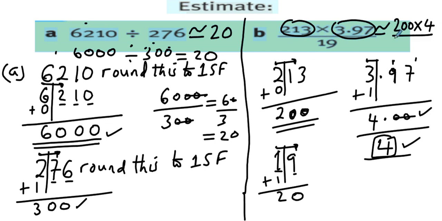This number, we got 20. You see, the work becomes easy. Cancel this 0 and this 0. By 2, 1. By 2, 10. 10 times 4, the answer is approximately 40. Hope you have understood.